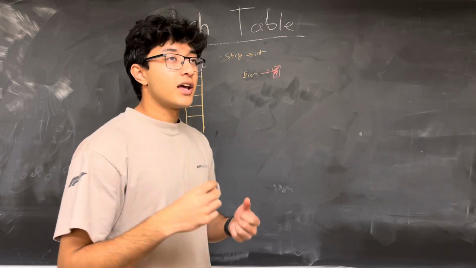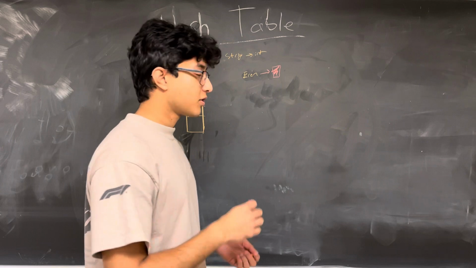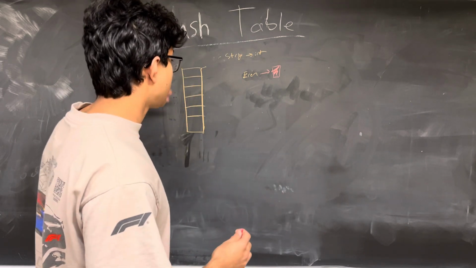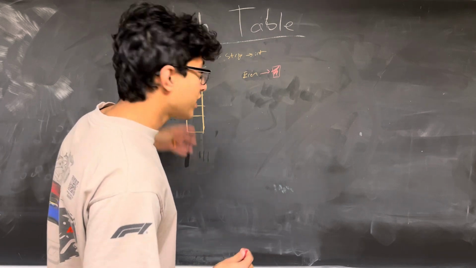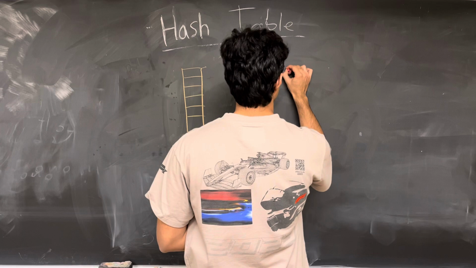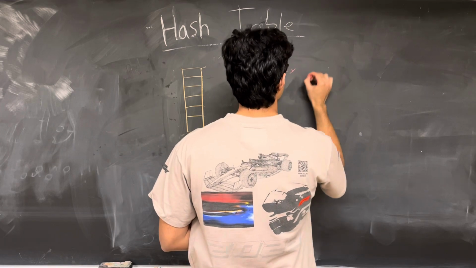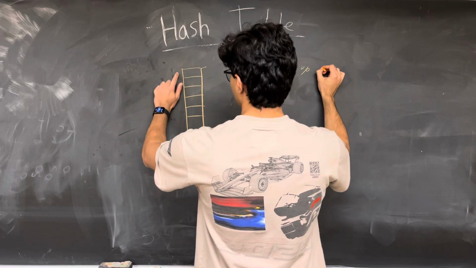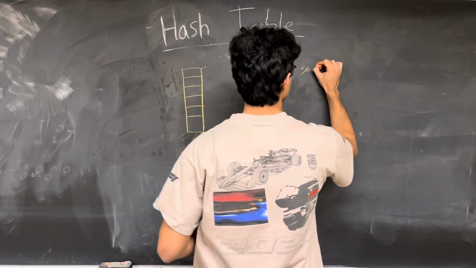But essentially, it'll compute some sort of pseudo-random number, so that the distribution of the keys will be more even, and with that number that we get, for example, x, we're going to mod by the size of our array. So we have 1, 2, 3, 4, 5, 6 elements.